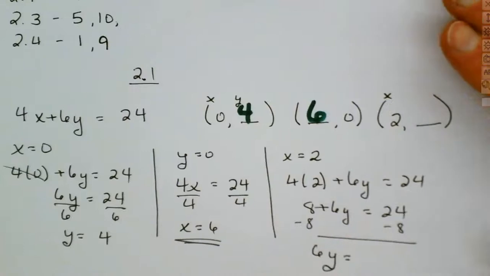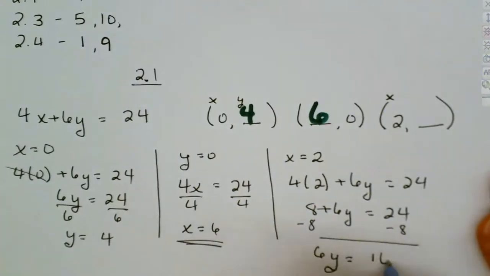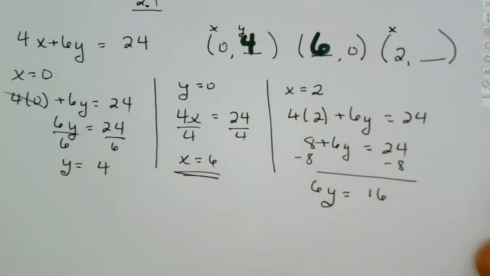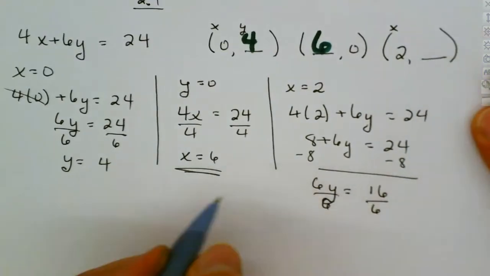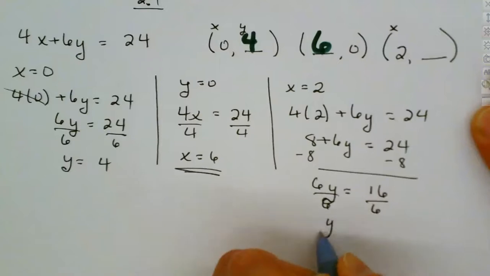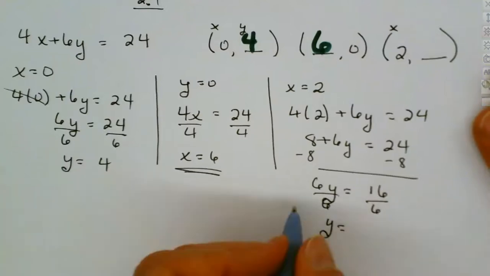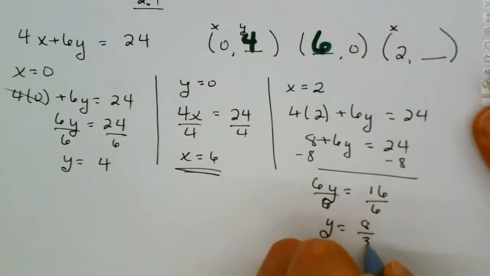So 24 minus 8 should leave you with a 16. And this is going to leave us with a fraction. So when I divide through by that 6, we want to reduce it down if we can. And that's going to give you then y equals 8 thirds, right?